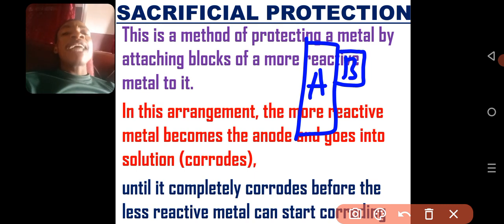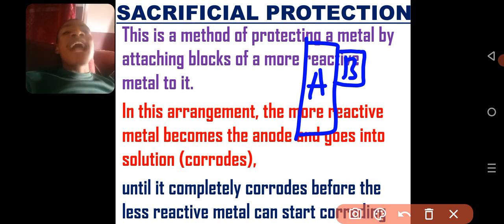So when you attach two metals together, the more reactive metal is the one that will corrode, protecting the less reactive one. Take note of that. And that's sacrificial protection. So the more reactive metal that you attach to a less reactive metal will be corroding, and then the less reactive metal will remain intact without corroding.